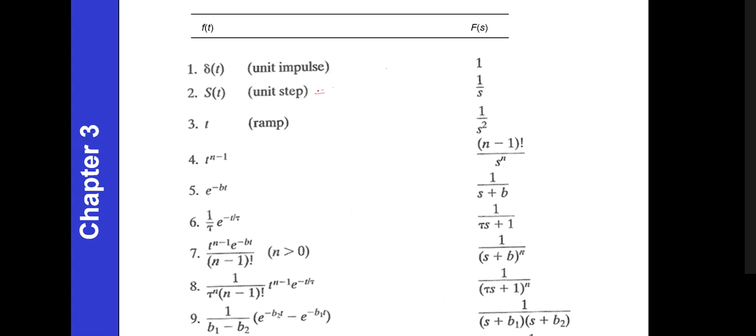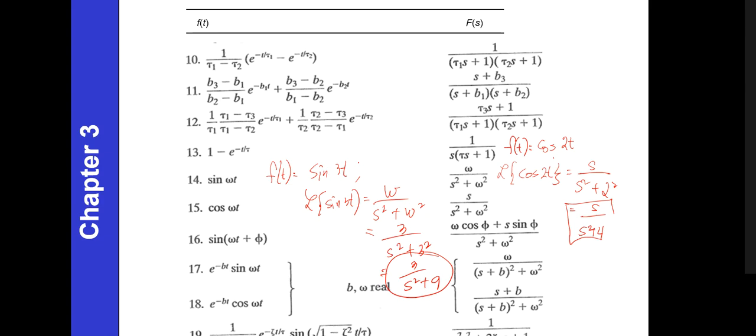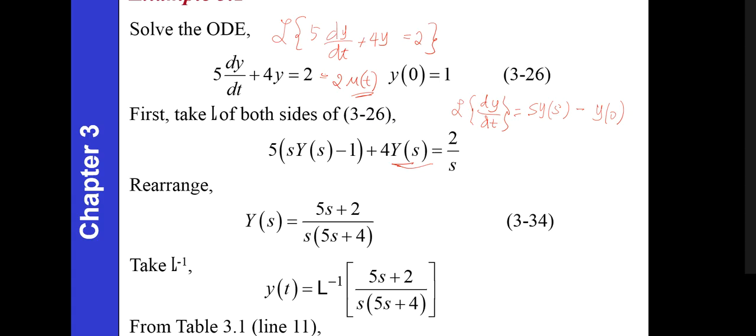The step function is also known as u(t). So we have 2 times u(t). If we get the Laplace of u(t), that is 1 over s, so we have 2 times 1 over s, or 2 over s. So we have 5 times sY(s) minus 1 plus 4Y(s) is equal to 2 over s.